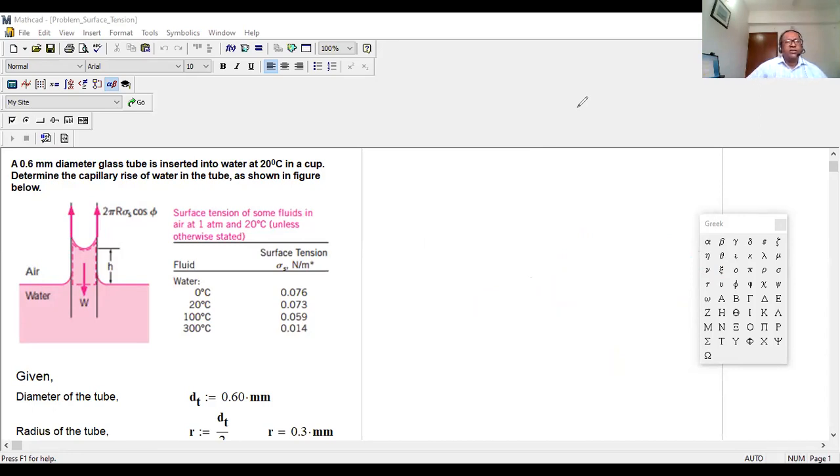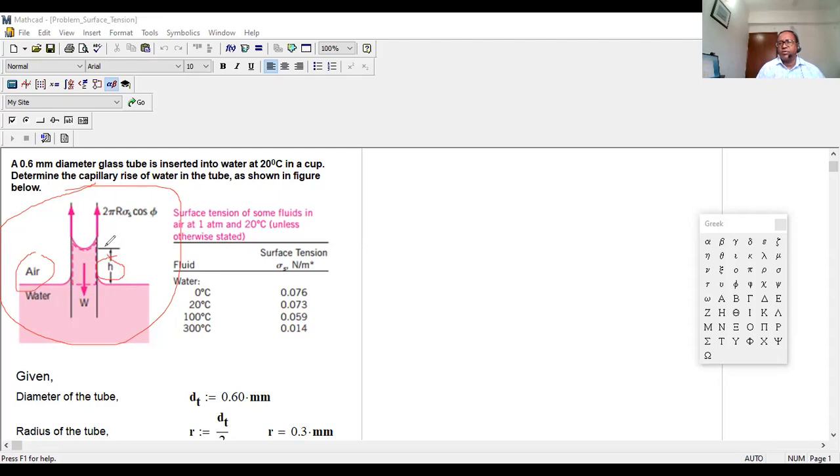Right over here it's saying, as shown in the figure, outside is air and inside is water. You need to figure out the capillary rise, how much the height is increasing. This value of h you need to figure out.